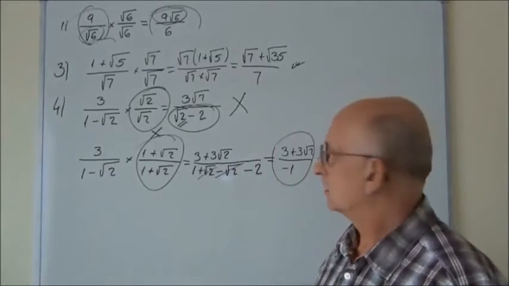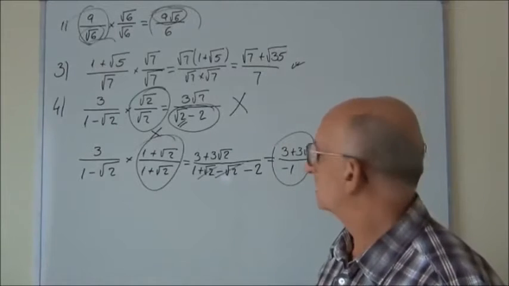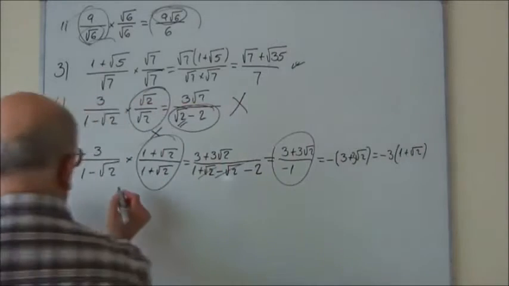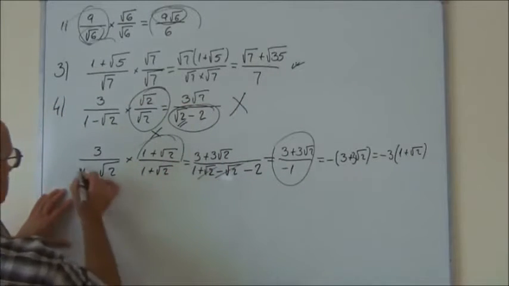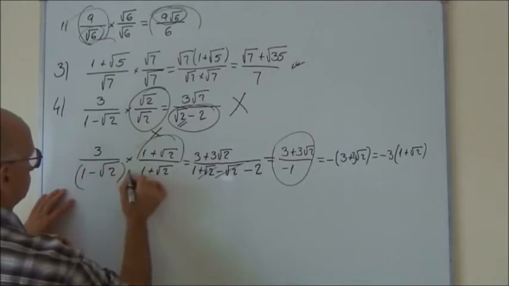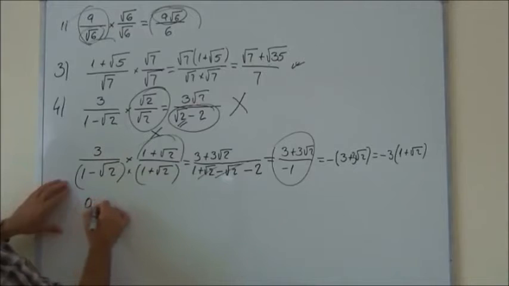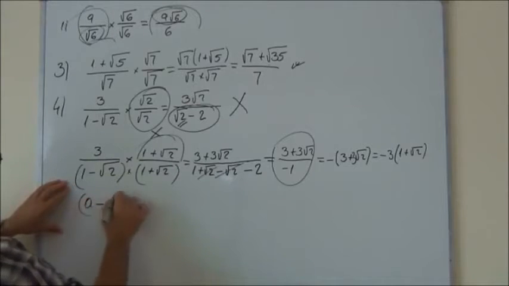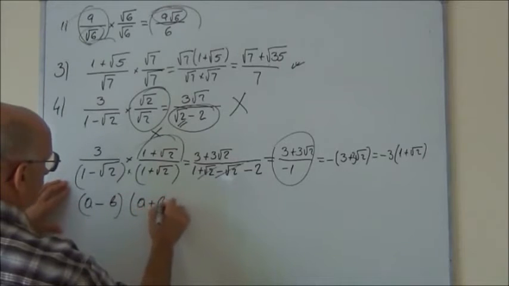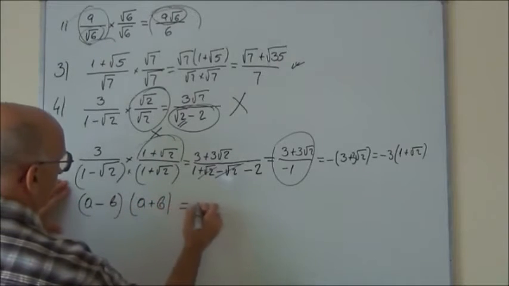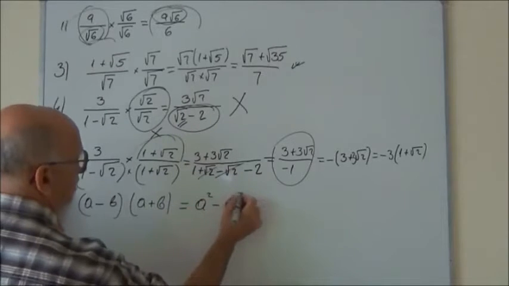Once again, I will come back to the formula for the difference of two perfect squares. So what we had here is something like a minus b multiplied by a plus b, and we know that is a squared minus b squared.